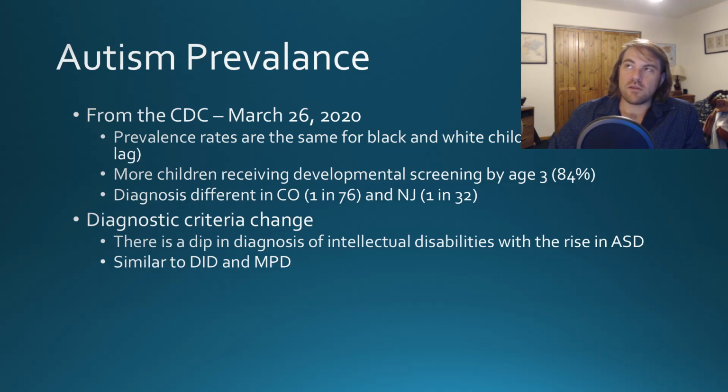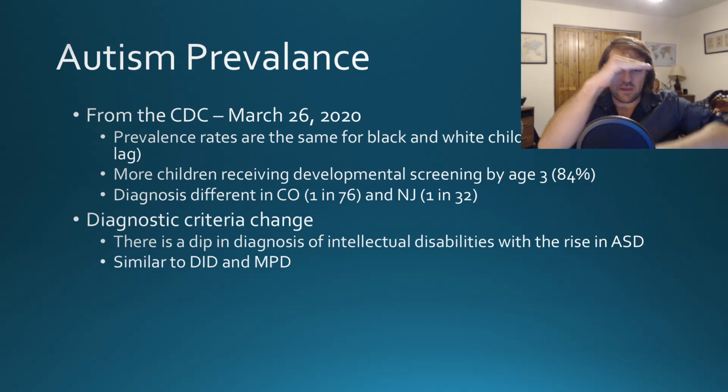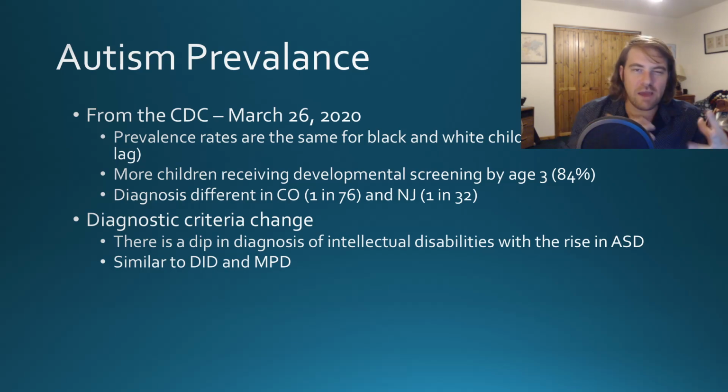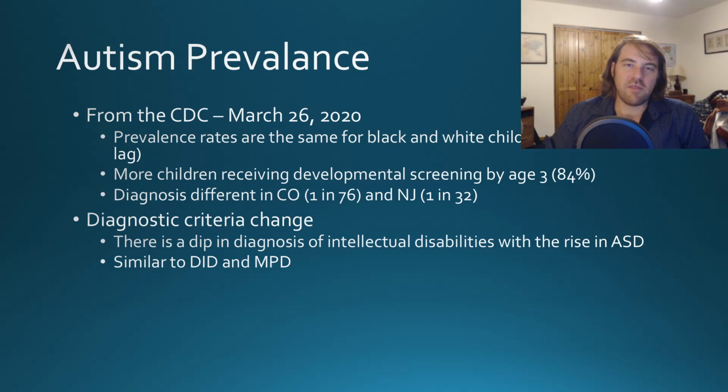And what you would see is that diagnostic rates of multiple personality disorder rose like exponentially, just like we saw with ASD. And then if you looked at dissociative identity disorder, it just tanked. So there's a lot of overlap in these diagnostic criteria. And because one is a little bit more popular in the cultural zeitgeist, then that becomes the one that is diagnosed.